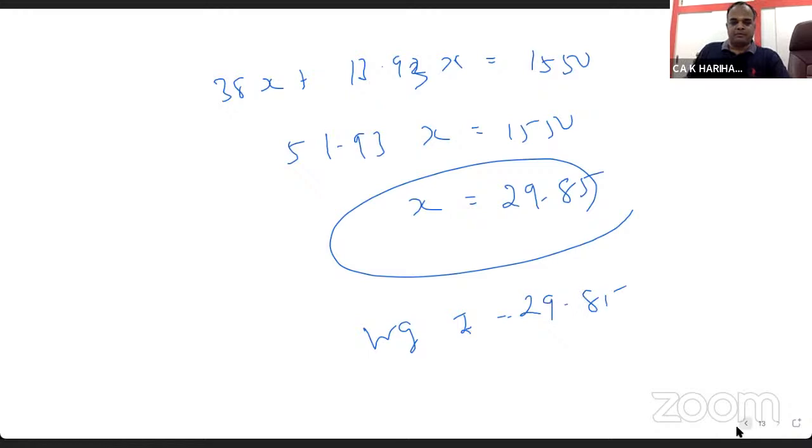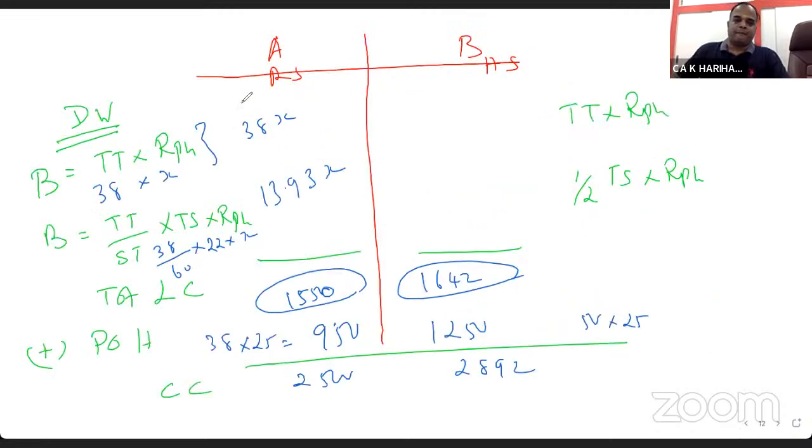Is it right? Check it up, all of you. If I apply 29 rupees 85 paise, it has to tally, because location A and location B remain the same. So 38 into 29.85 is equal to 1134 point something.